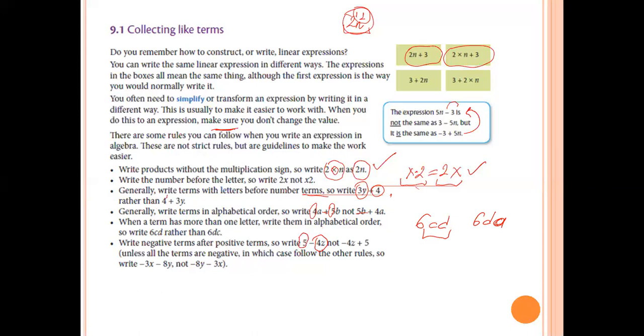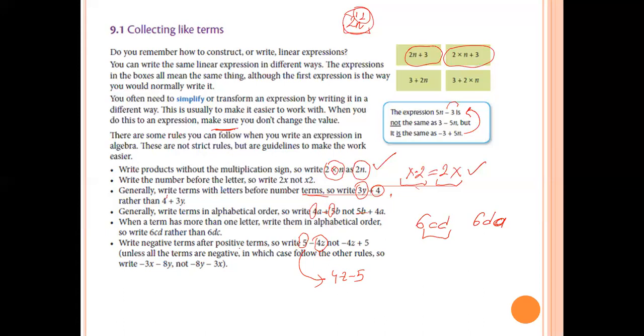We need to first write the positive terms. 5 minus 4z, because sometimes students write 4z minus 5 in its place. That is not equal, exactly not equal, because the sign of 4z is positive here and negative there. That's why they're not equal to each other.